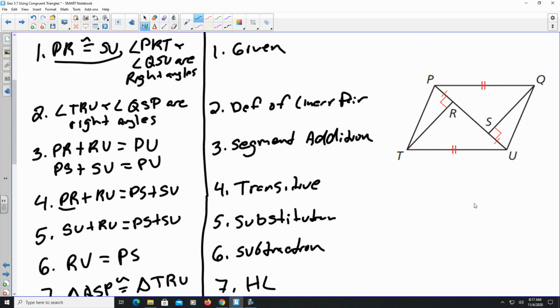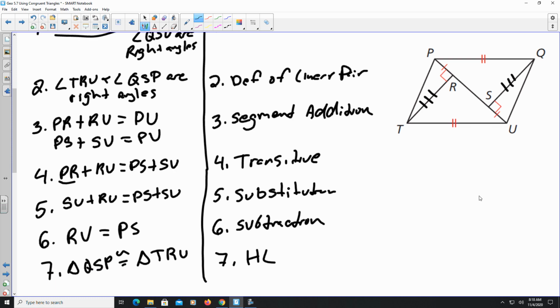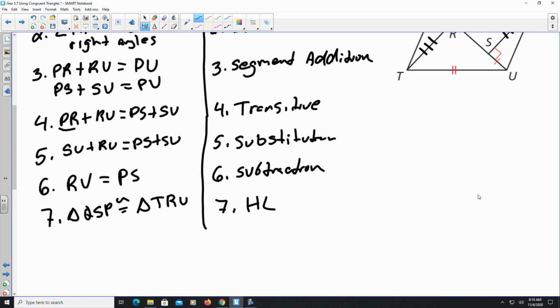So now I can say that TR and QS are congruent because of corresponding parts of congruent triangles are congruent.